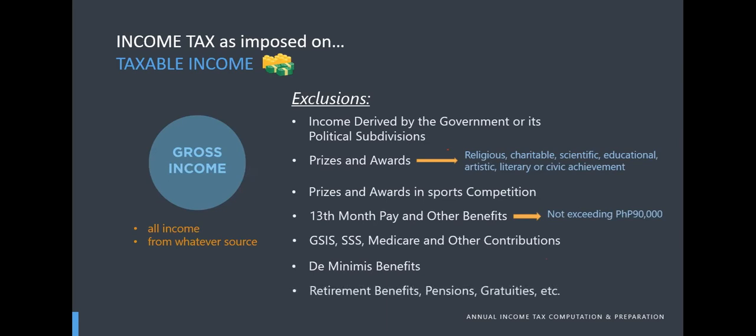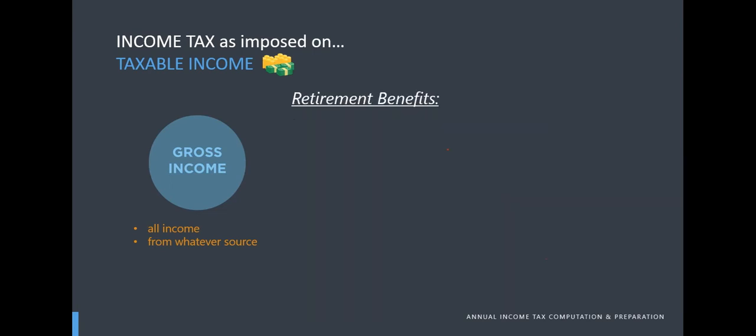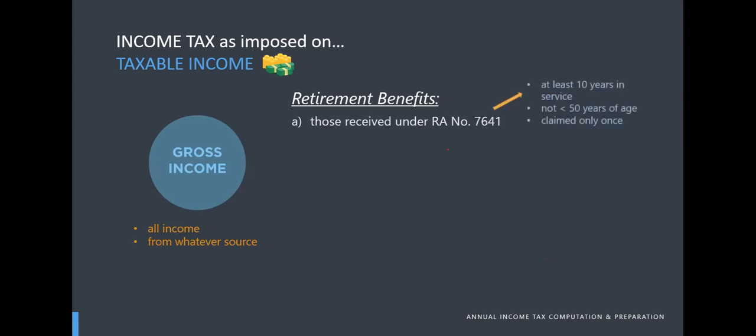Another is retirement benefits, pensions, gratuities, etc. So for the retirement benefits, we have a kind of benefit based on the labor code, under RA number 7641. So it says under the Republic Act that those that have at least 10 years in service and not less than 50 years of age are entitled to receive retirement benefits.